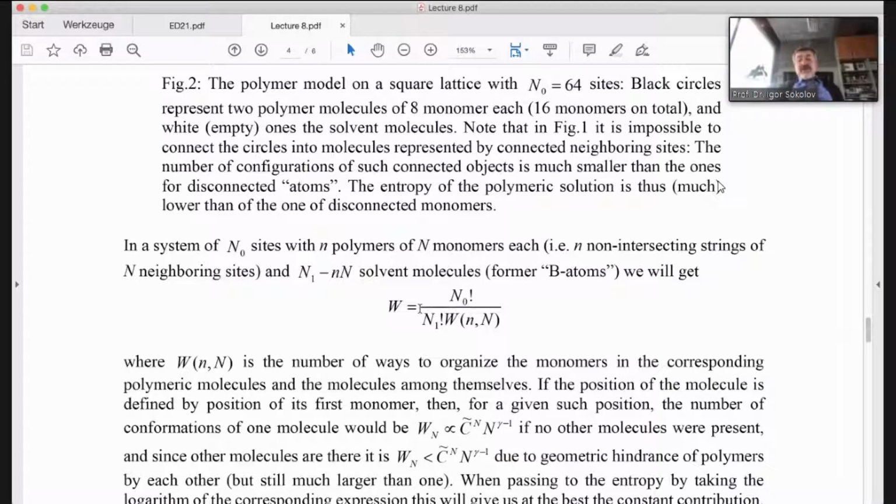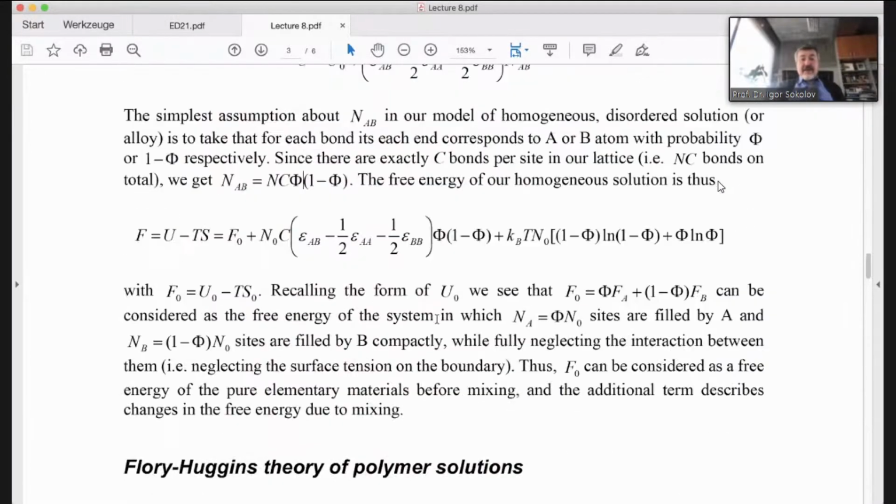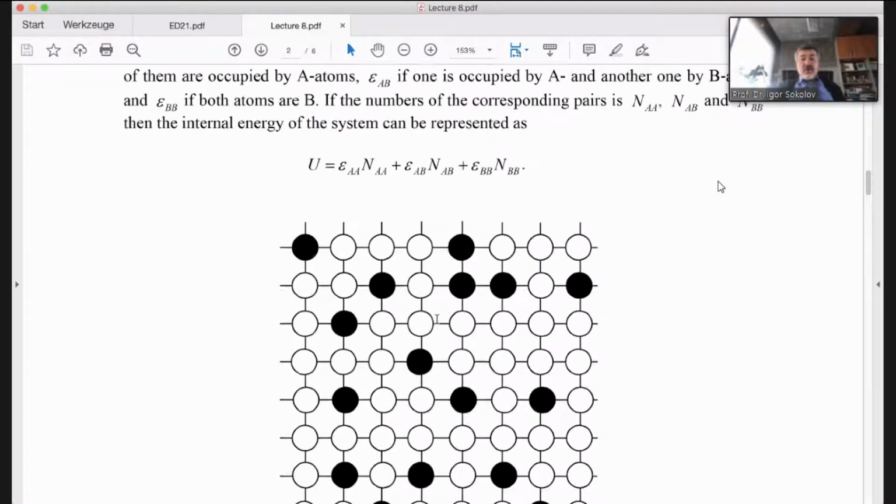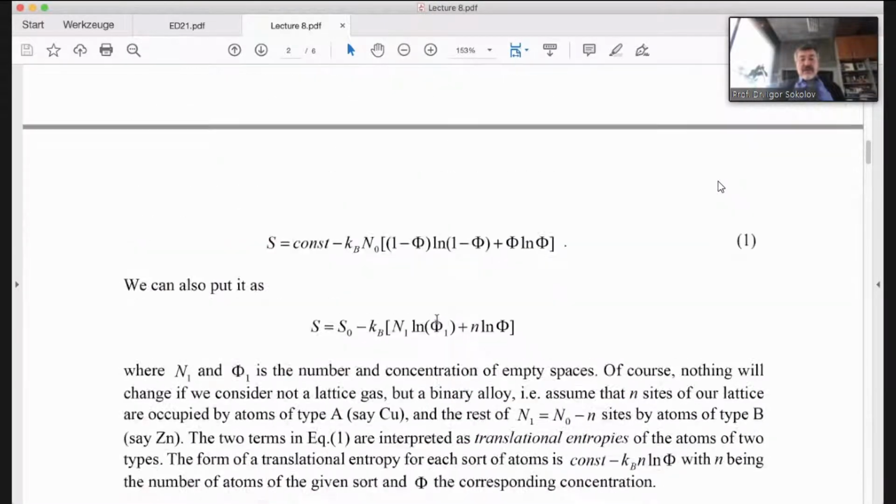Then imagine you have placed the molecules, and then you place in the rest, the N1 sites which are not occupied by the molecules, the atoms of the low molecular weight solvent. And there are N1 factorial permutations. This is what survived from the simple binomial formula which we used here.